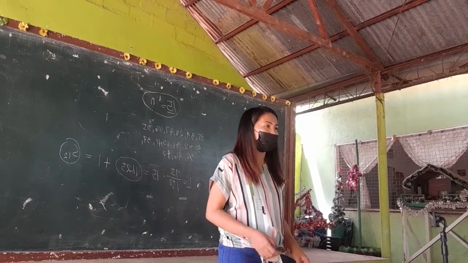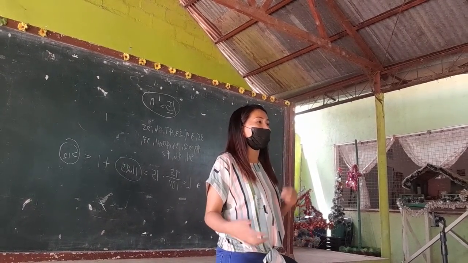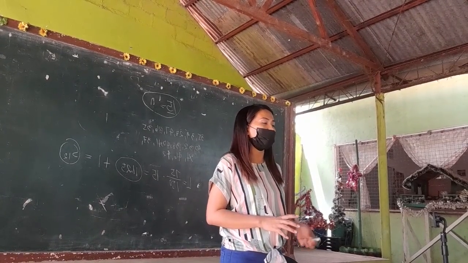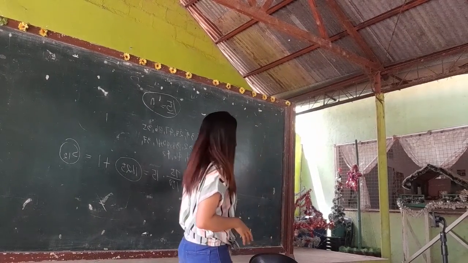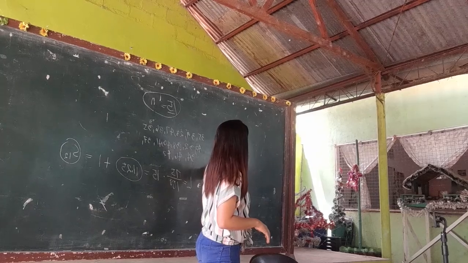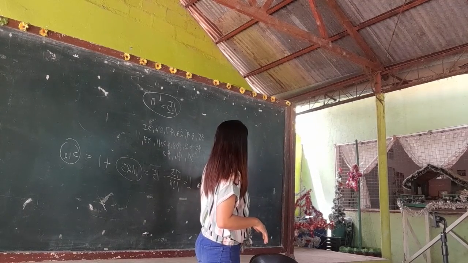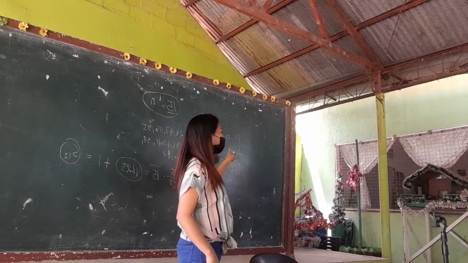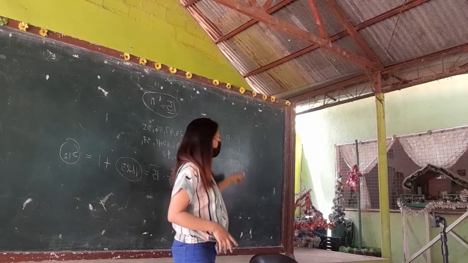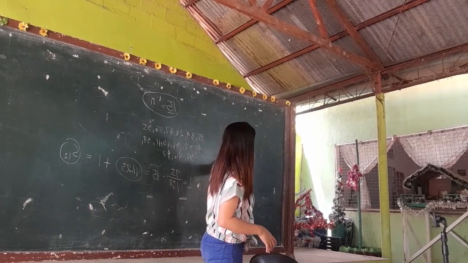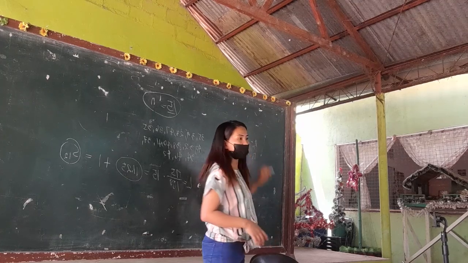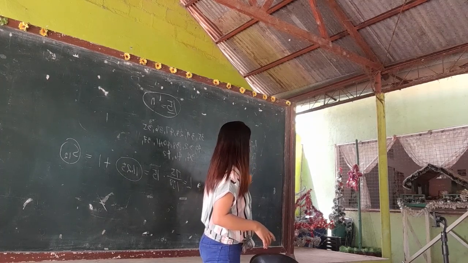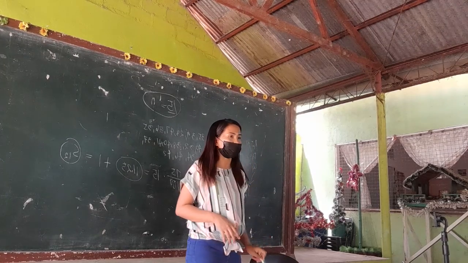Next, we have quartile. Once you can solve for percentile, it will be easier to solve for quartile or decile, because, as mentioned, percentile is divided into 100, decile into 10, and quartile into 4. If you're asked to solve for the third decile, or D3, you're just looking for the 30th percentile. If you're asked for the first quartile, you're looking for the 25th percentile.